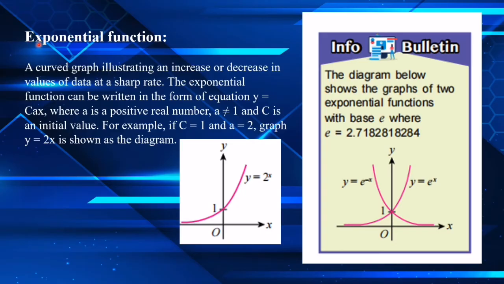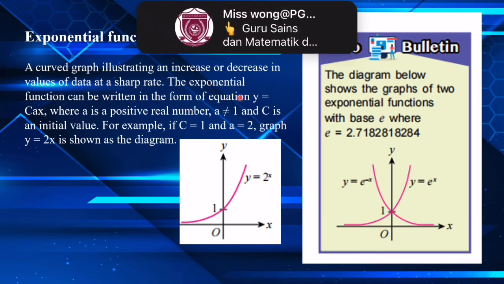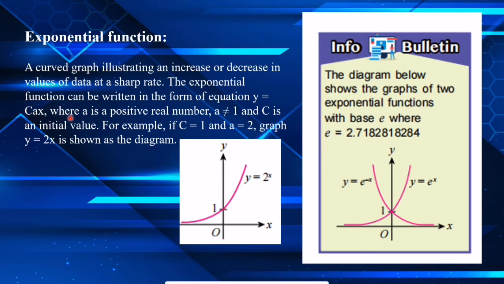The last part is exponential functions. A curved graph illustrating an increase or decrease in the values of data at a sharp rate. The exponential function can be written in the form of the equation y equals c a to the power of x, where x is a real number, a must be more than 0 but cannot equal 1, and c is an initial value.